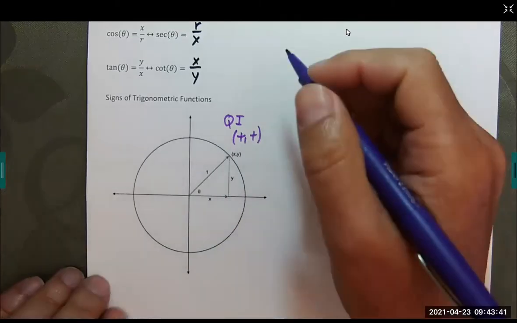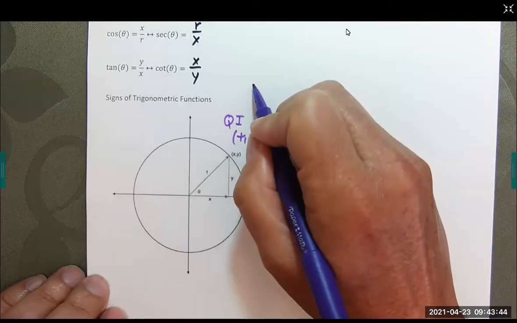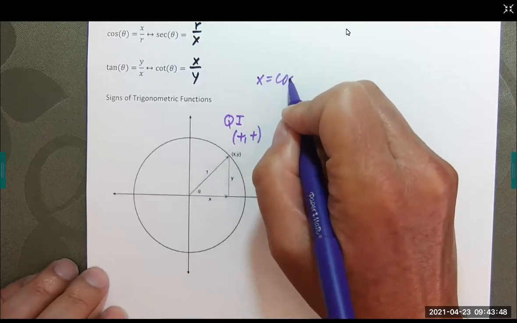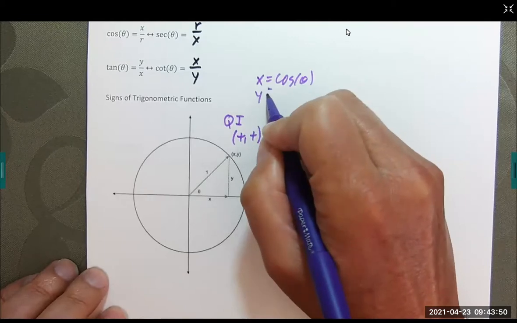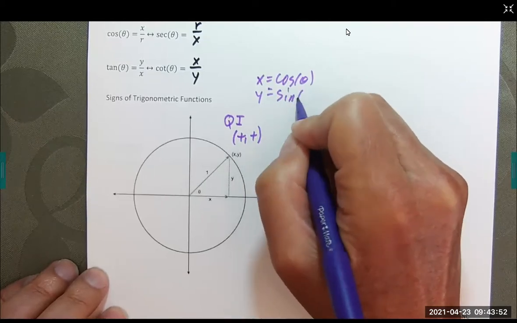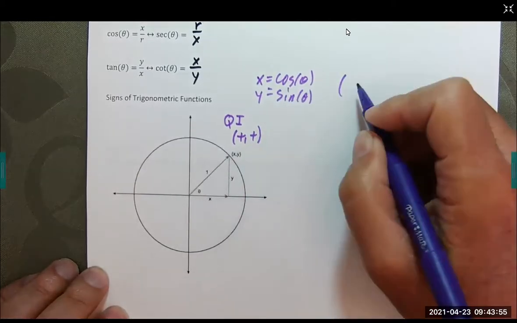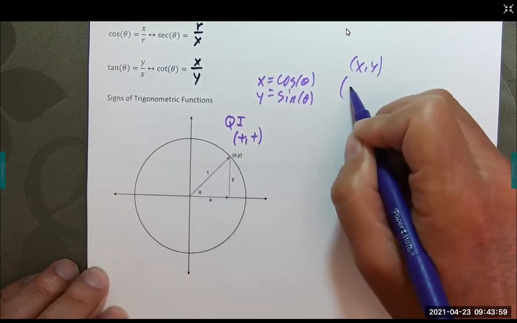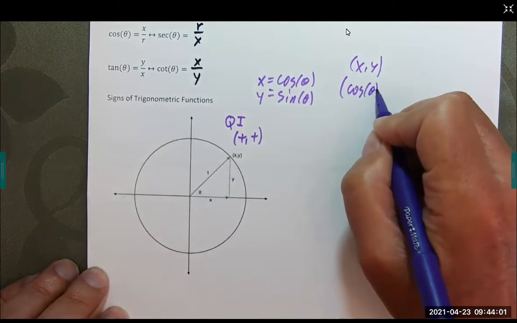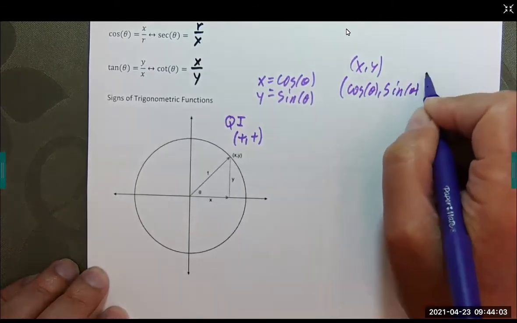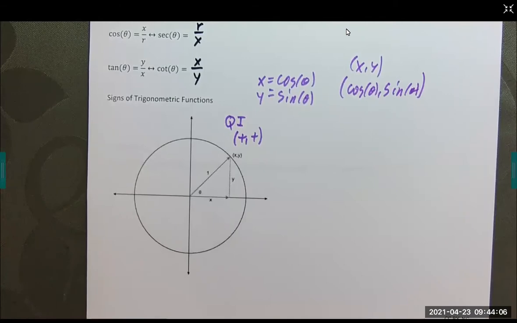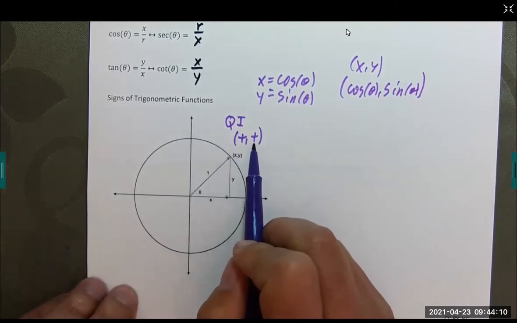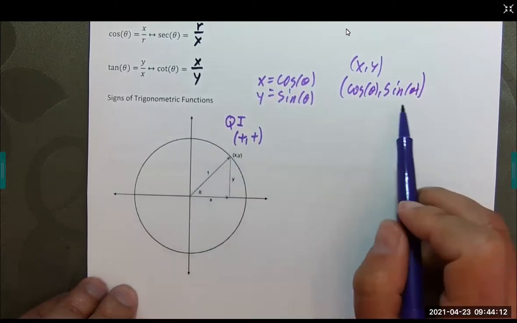And if you recall, when we're using a unit circle, x is cosine theta and y is sine theta. Which means if I rewrite the ordered pair, instead of x comma y, it's now going to be cosine theta, sine theta. So x comma y, this means cosine is positive and sine is positive in quadrant 1. That's what we're saying here.